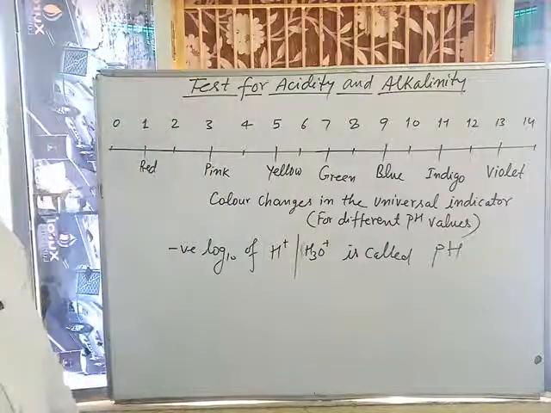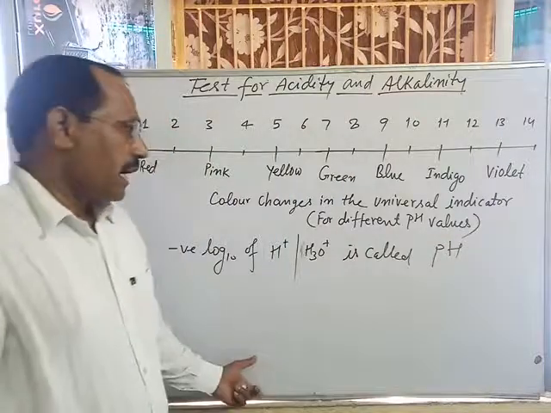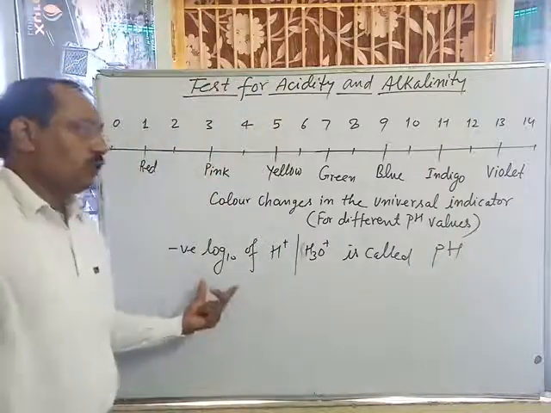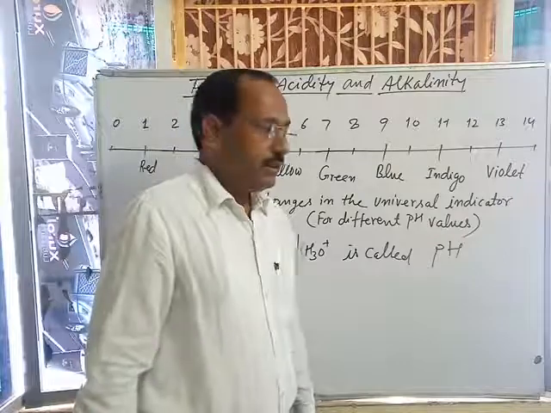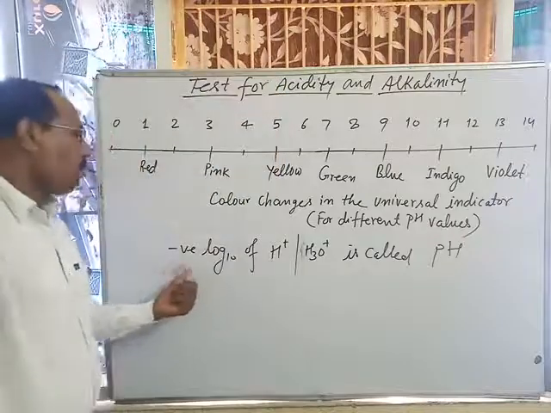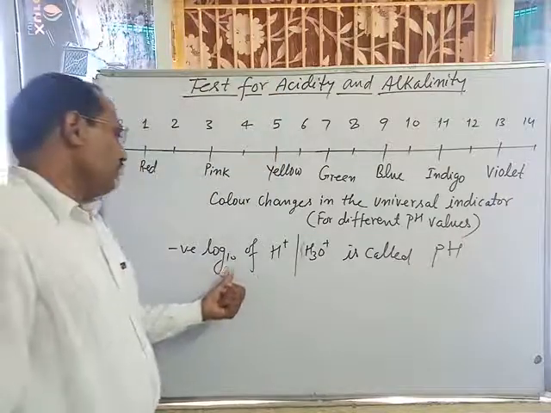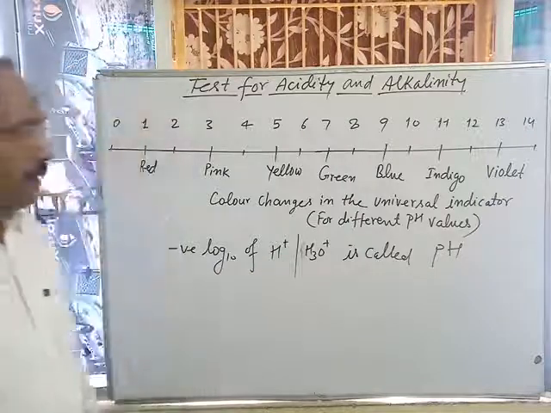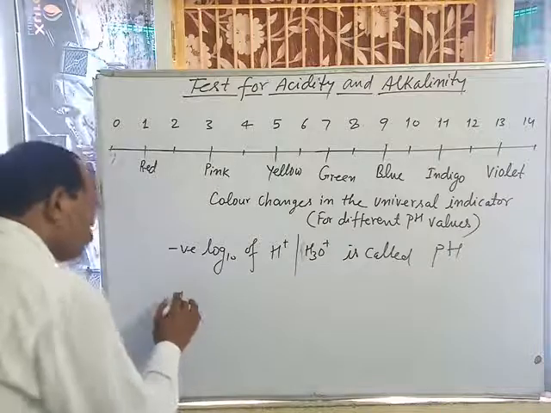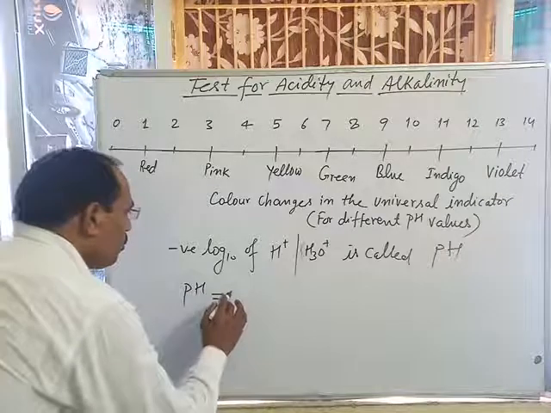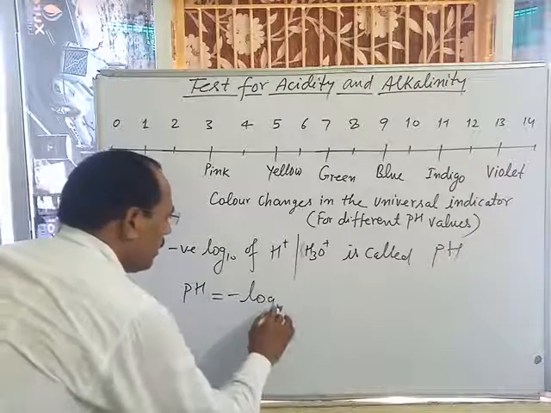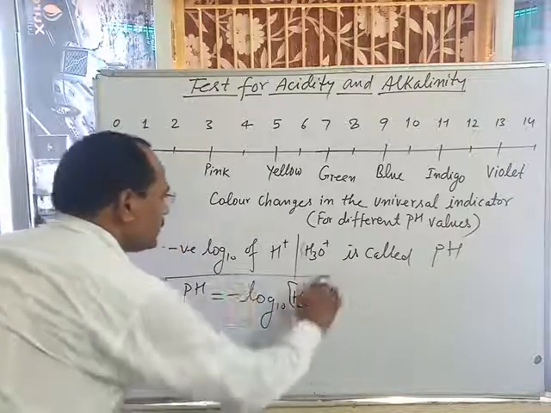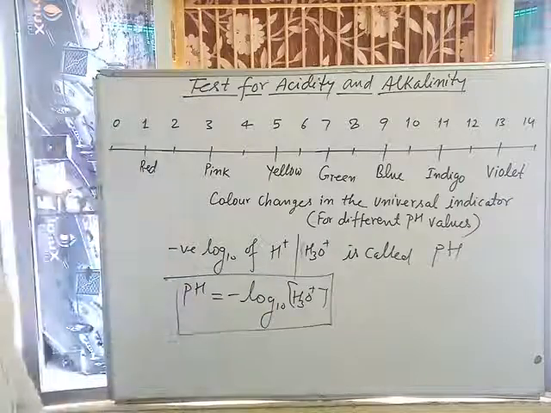P means potent, meaning power, and H is hydrogen ion concentration. It means power of hydrogen ion concentration is called pH, defined as negative log to the base 10 of hydrogen ion or hydronium ion concentration. It can also be written as pH equals minus log base 10 hydronium ion concentration. This is the exact definition of pH.